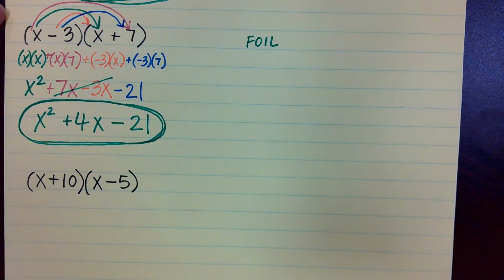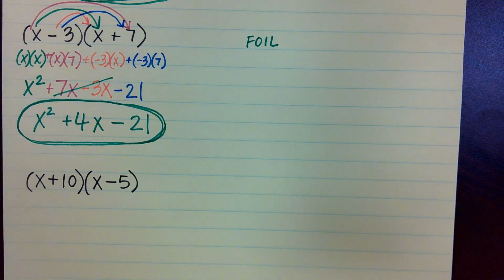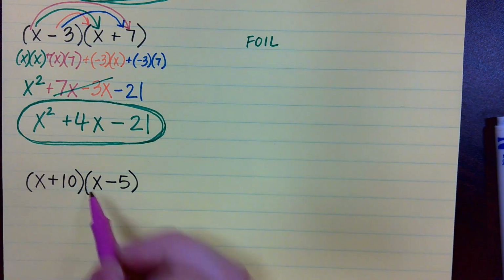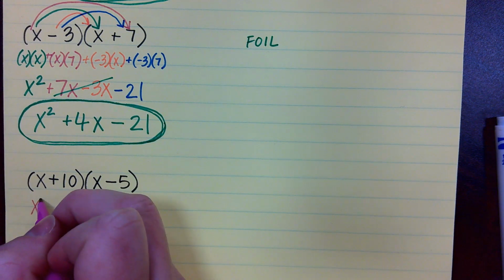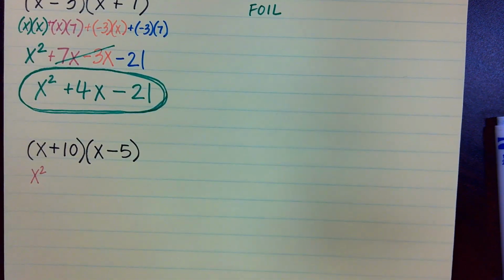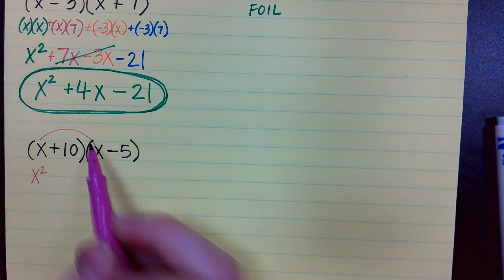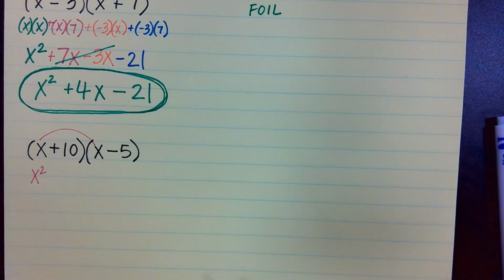Y'all ready? Okay. So, what do I do first? My first terms, what's that going to be? x times x, absolutely, that's x squared. What do I do next? x times negative 5.